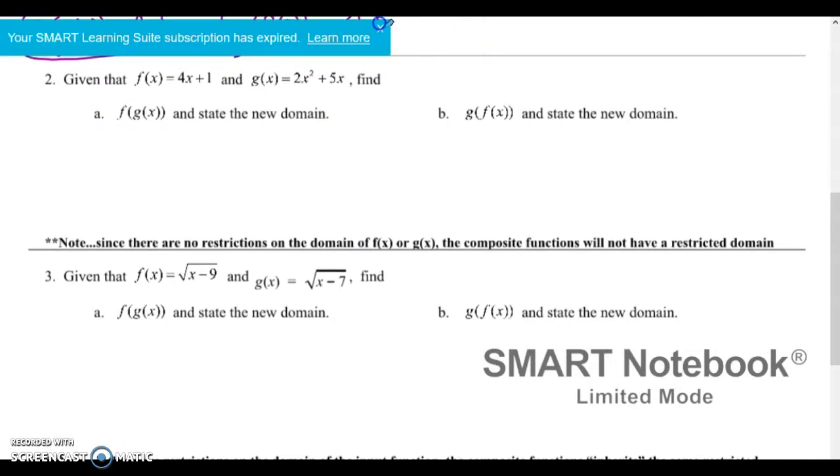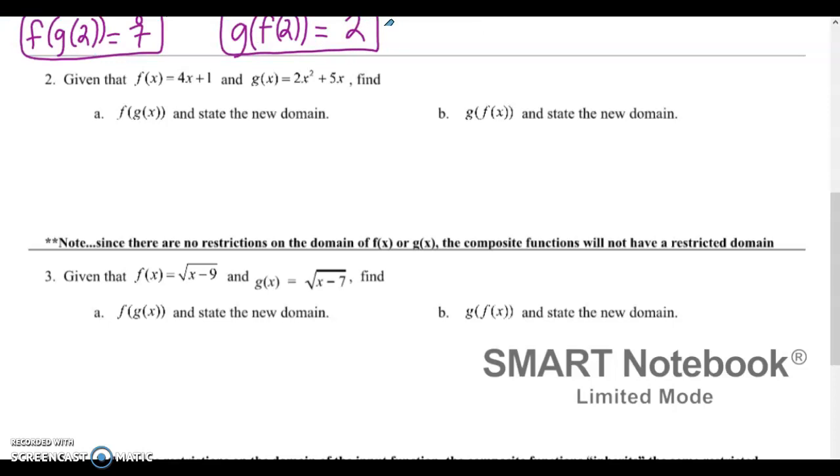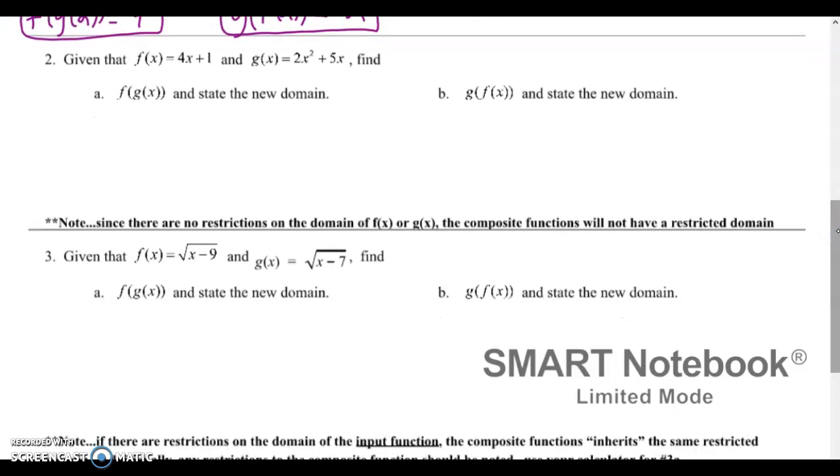For example number 2, we have two different function rules now. We're going to start by finding f of g of x, and then state the new domain. So we're always focused on our inside function, which in this case is g. So I'm going to take this entire function here, and wherever I see an x in f, I'm going to plug it in.